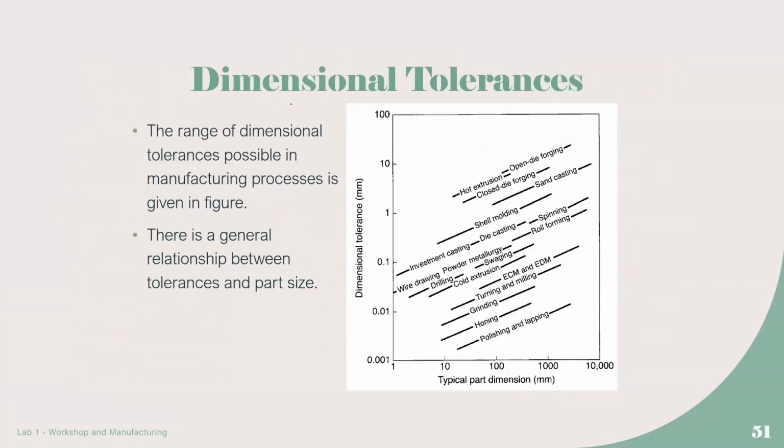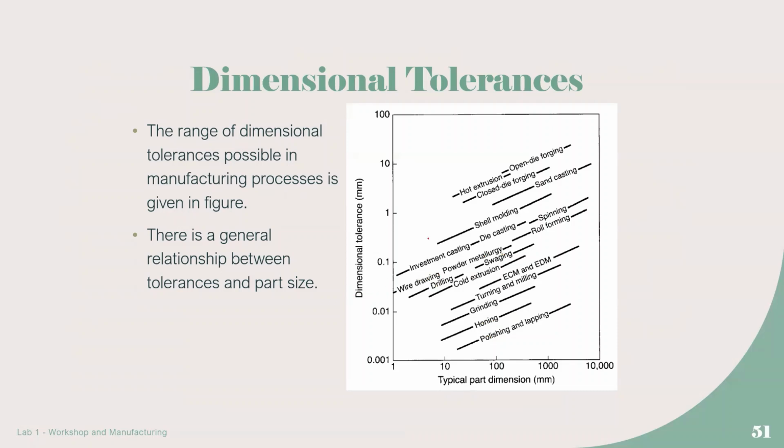Here, this is a table for dimensional tolerances. So you have your manufacturing processes, and your manufacturing process changes your dimensional tolerance.